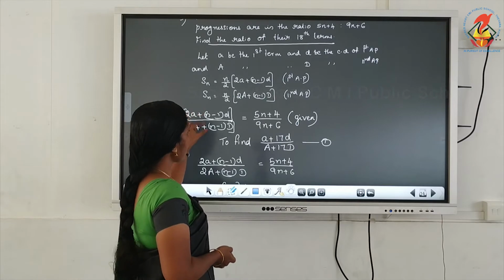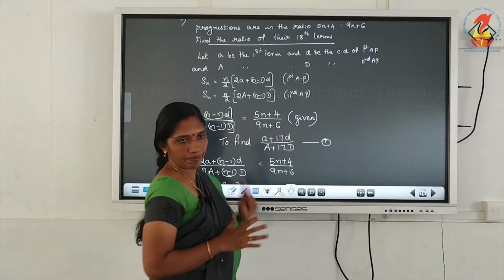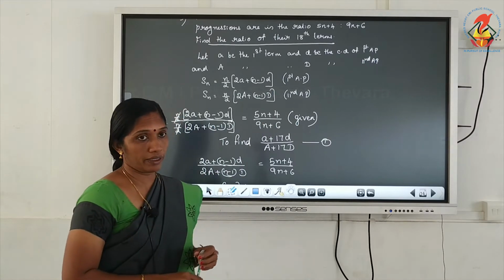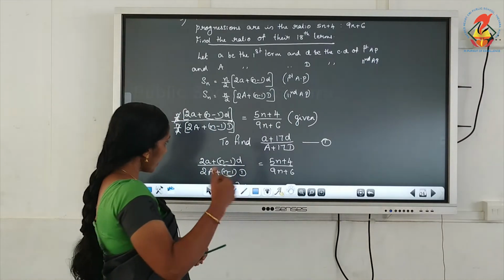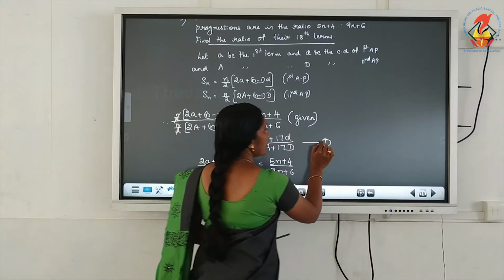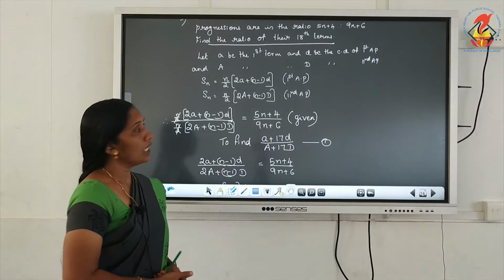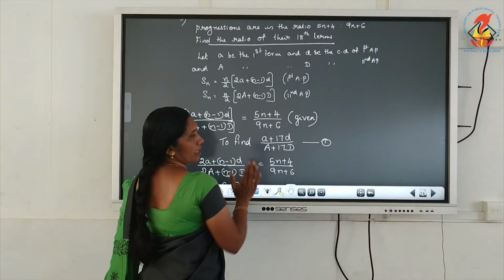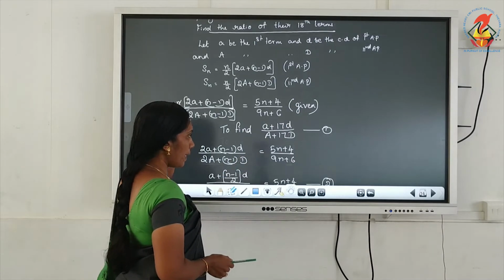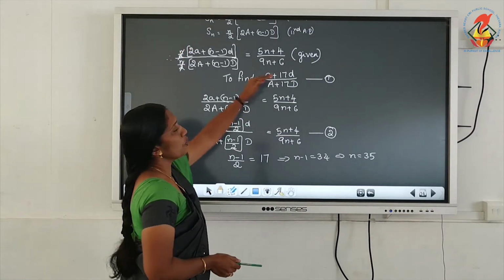For both APs, take the ratio that is given in the question. Now what we have to find? The ratio of their 18th terms. Again we write the expression for the ratio of their 18th terms. This first expression, that only we have to find. But we know this one. So you have to compare and reduce this to this.